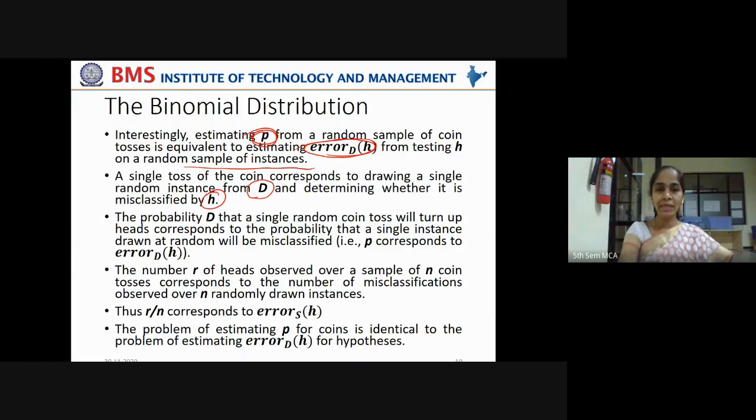Now, the probability that a single random coin toss will turn up heads corresponds to the probability that a single instance drawn at random will be misclassified. In the coin toss case, the probability is that a single random coin toss will turn up heads. In the case of our hypothesis, it is the probability that a single instance drawn at random will be misclassified.